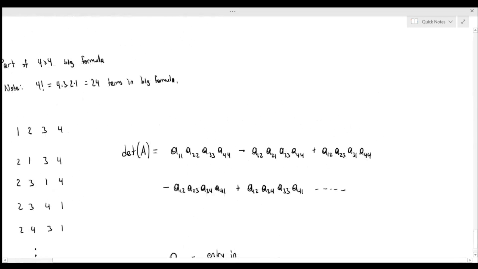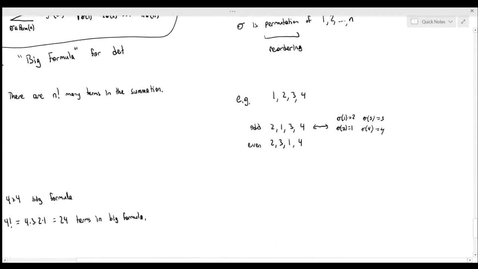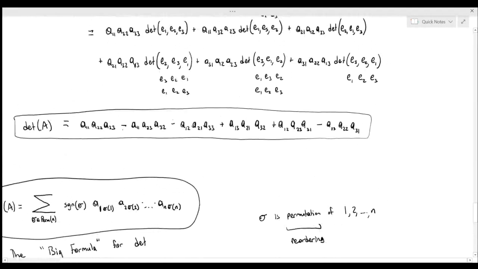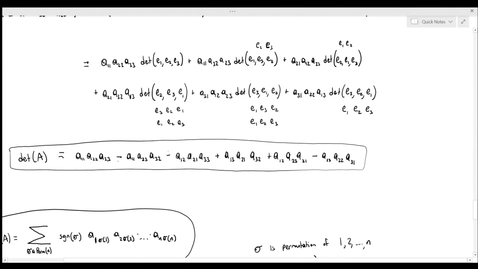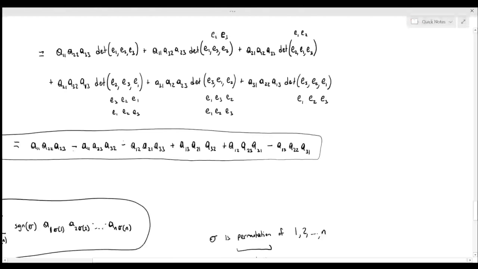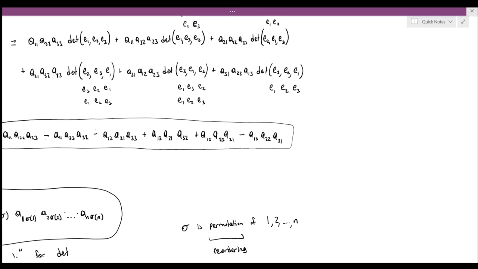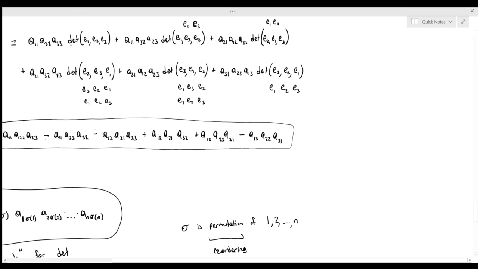All right, and then let me do one example. And because the formula is so big, I'll just do one example using the big formula for a 3 by 3. So I'll keep the formula on the screen over here, and then I'll do one example using a 3 by 3 matrix on the right.